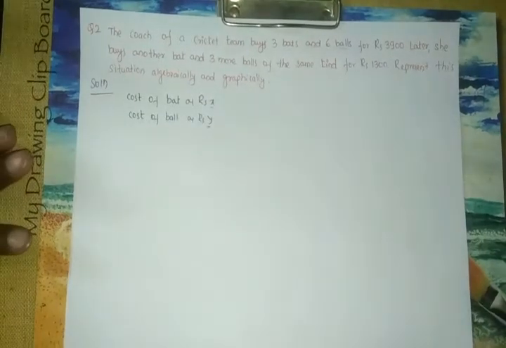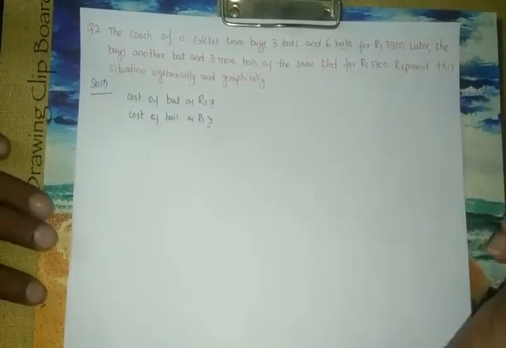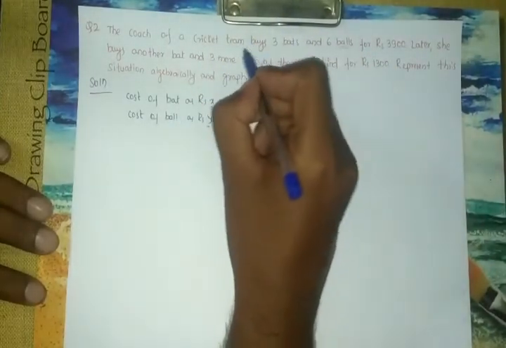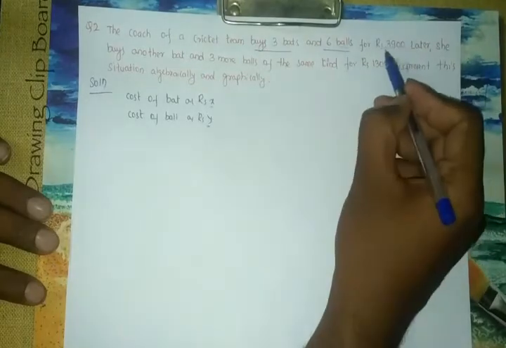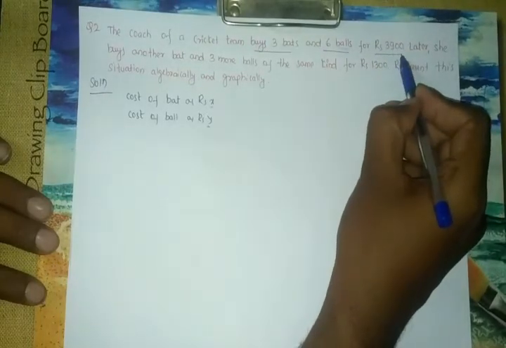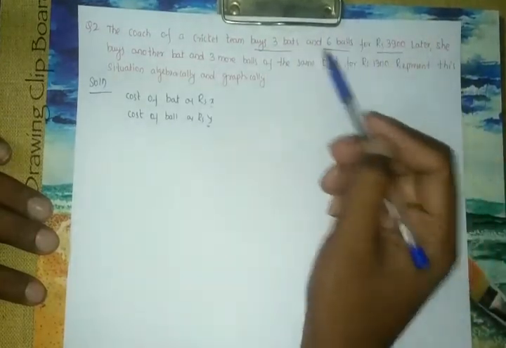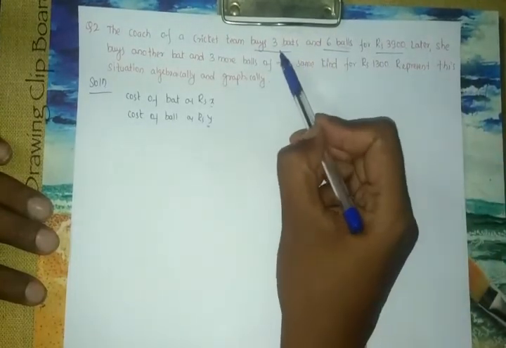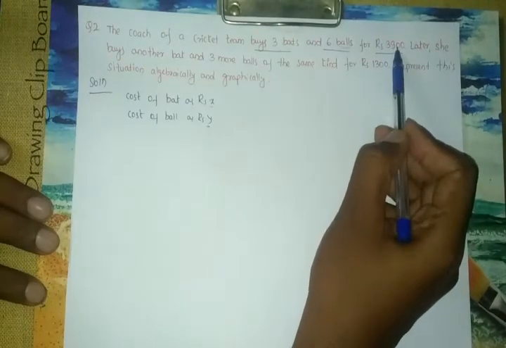So according to the situation, here we have two situations. One is coach buys 3 bats and 6 balls for rupees 3900, which means the sum of rupees for 3 bats and 6 balls will be 3900.